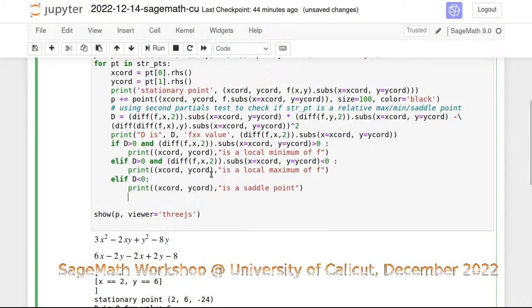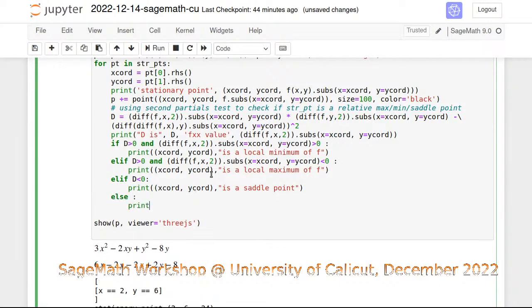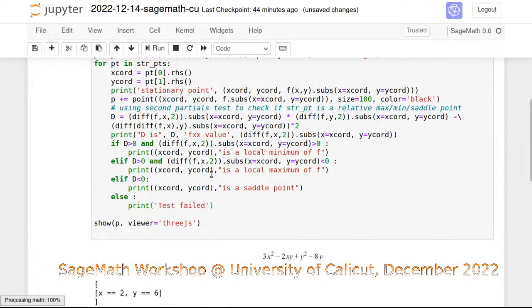And else, the final case is that the test is inconclusive. This is the final thing.